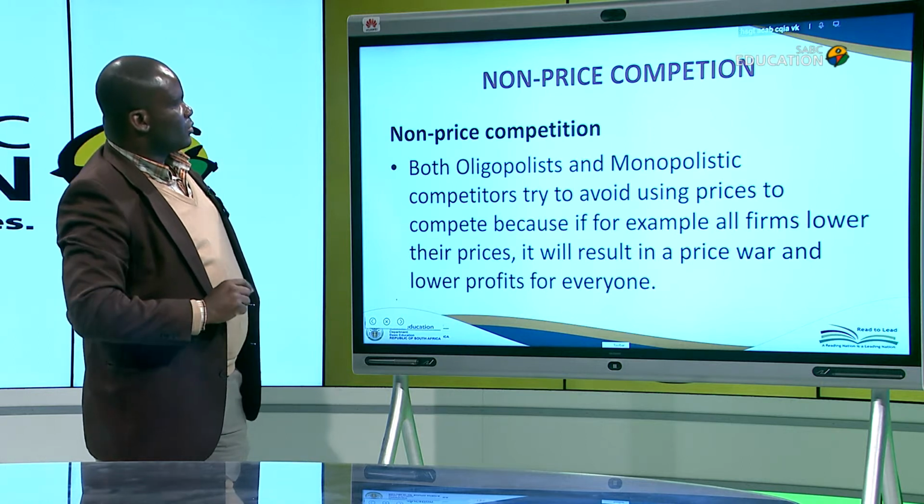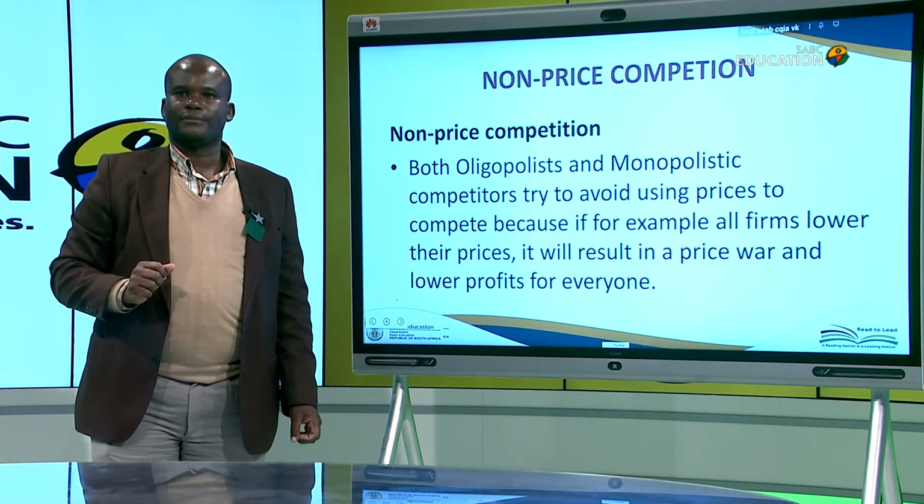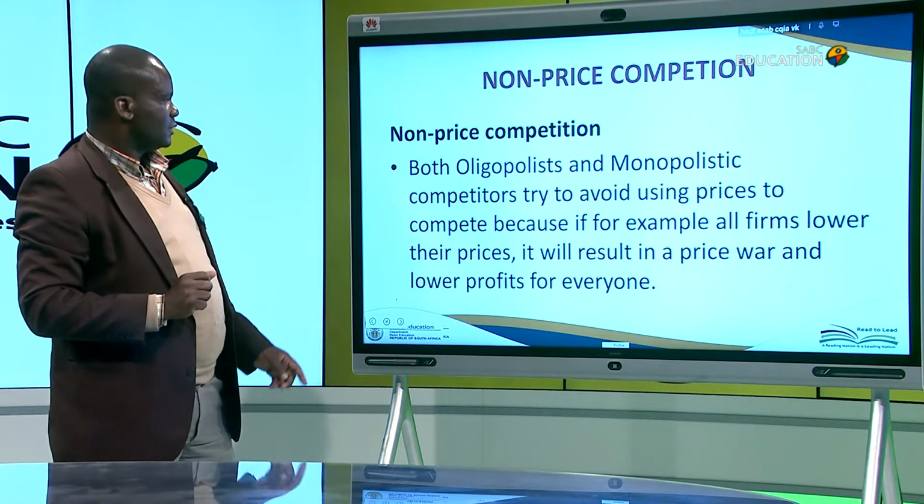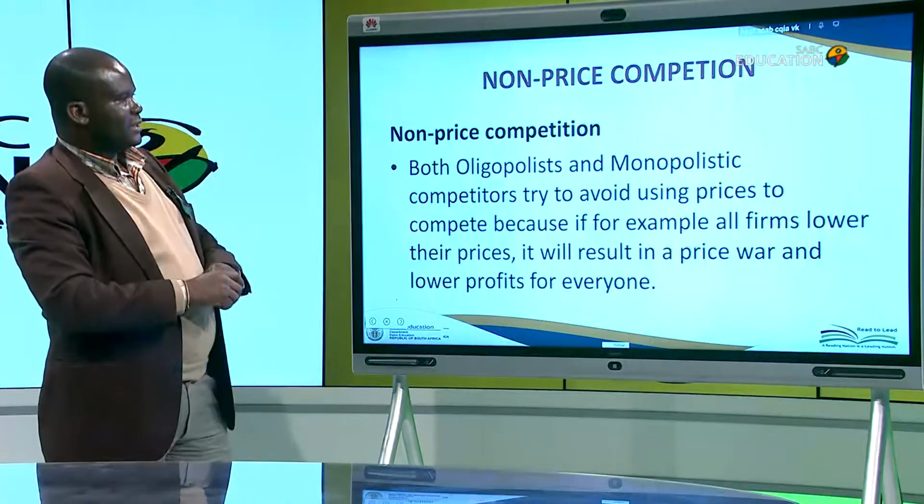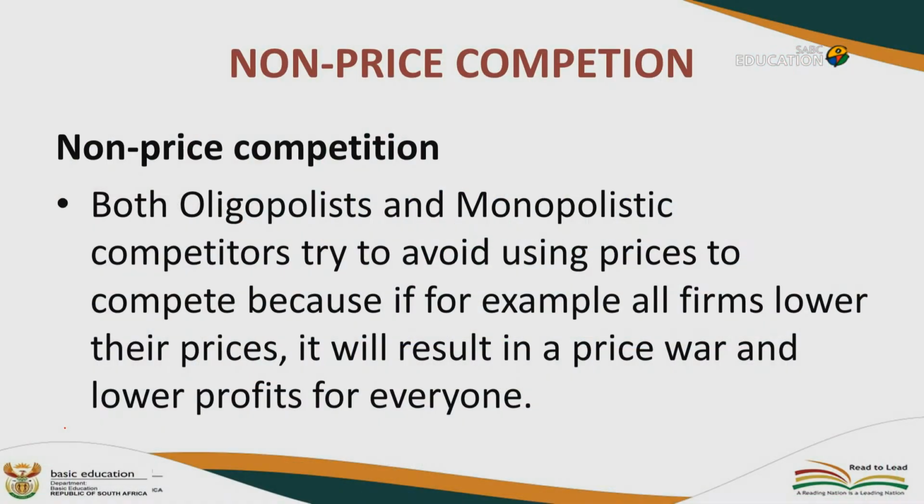Right? Let us go to non-price competition. Both oligopolies and monopolistic competitors try to avoid using prices to compete, because if, for example, all firms lower their prices, it will result in a price war and lower profits for everyone.